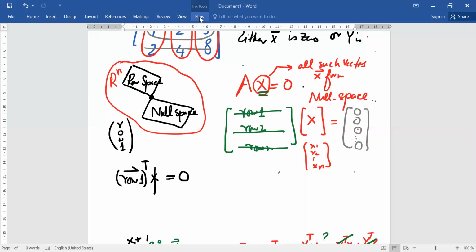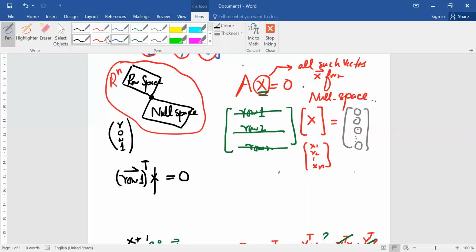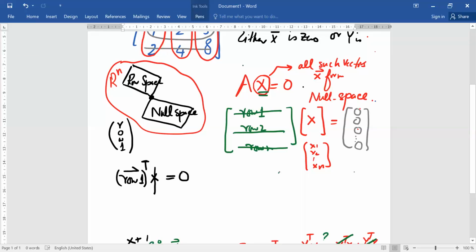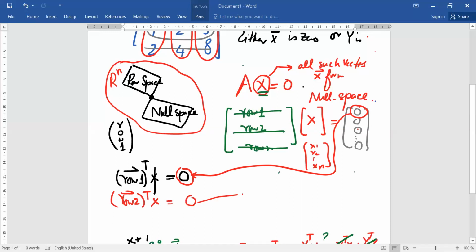This 0 I'm talking about is the same 0 that you got from here. Similarly, if you take the row 2 vector, transpose it, and multiply by X, you get the second 0. And so on.